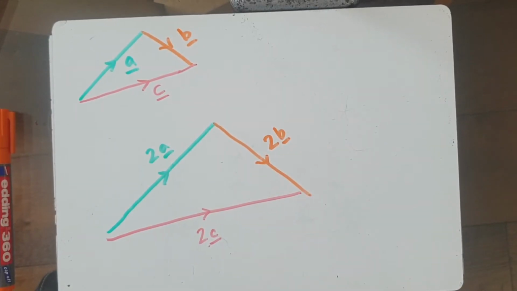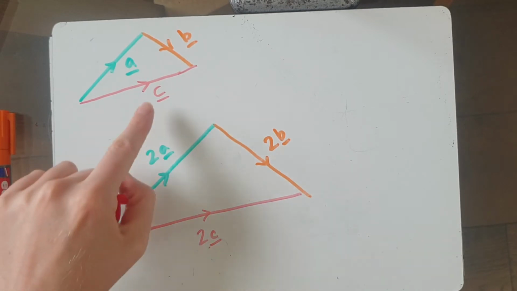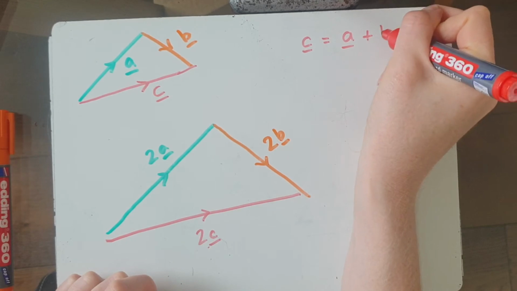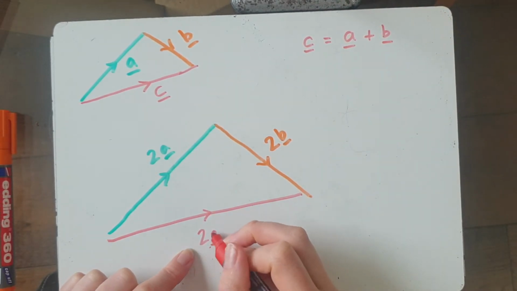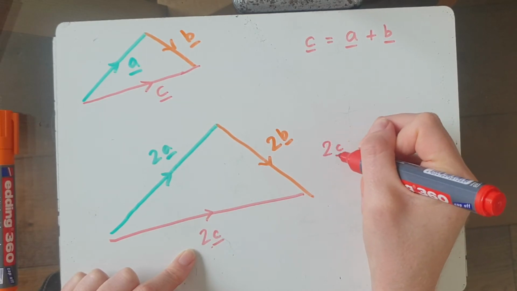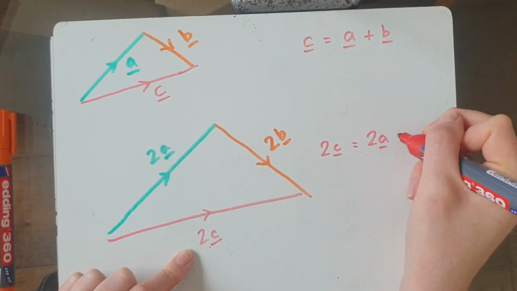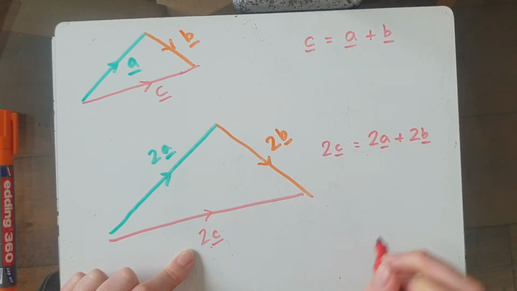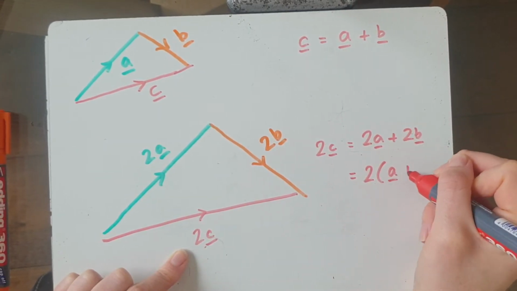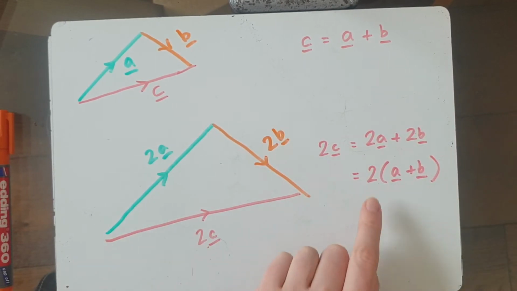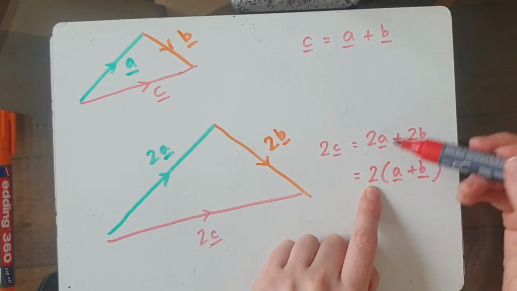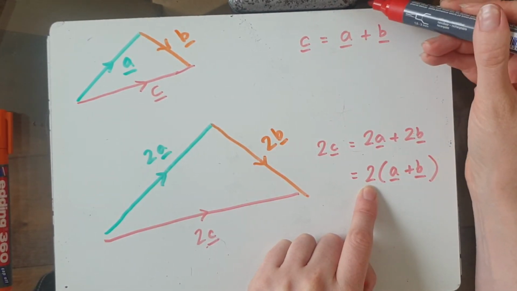Now we might have a combination of vectors. So here we've got that C is equal to A plus B. And here we've got that 2C is equal to 2A plus 2B. If I factorise the 2 out of there, this is just some lambda or a constant times this.